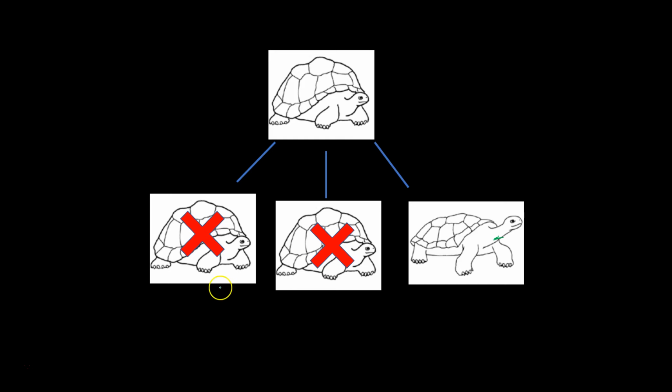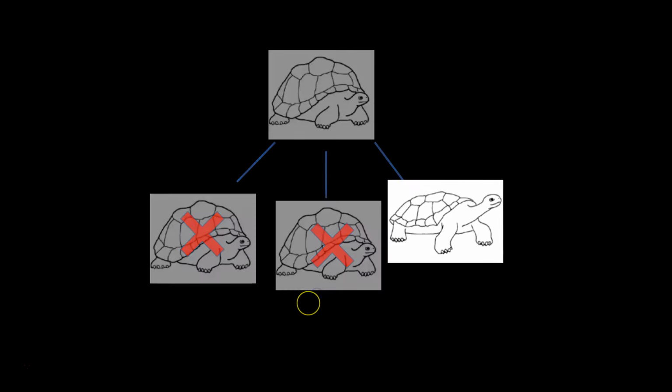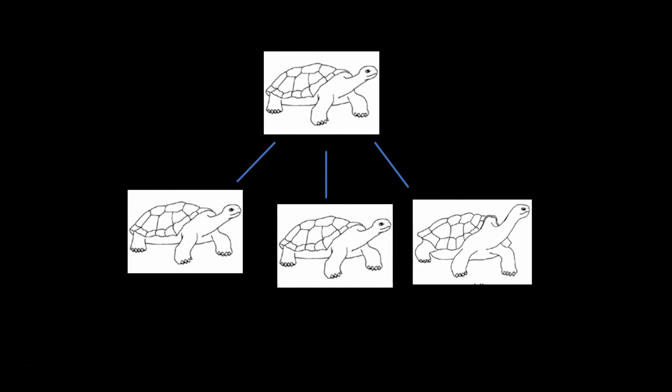So these traits are not selected for. However, the longer neck is. When this tortoise has more offspring, there's going to be more variation. And if there's a tortoise with an even longer neck, then this trait will be more beneficial than the other trait. Okay?